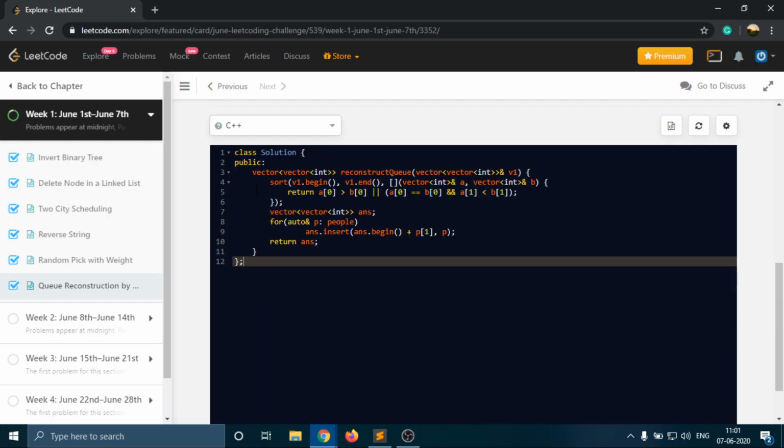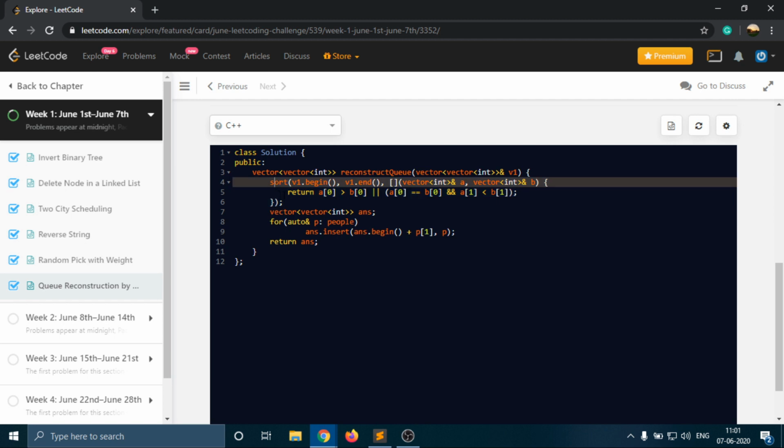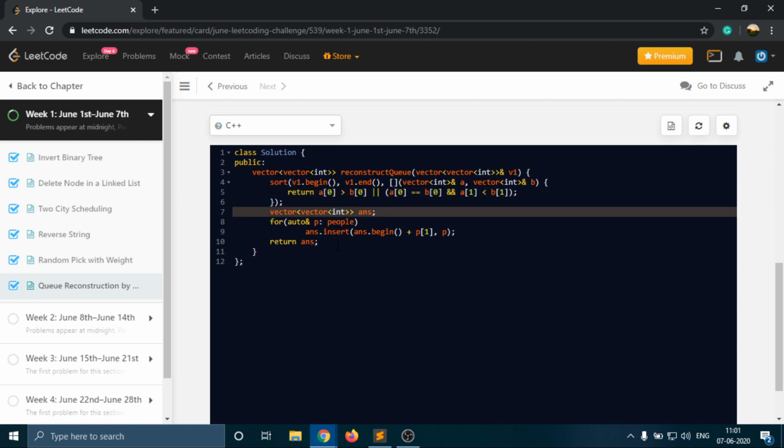So what is the solution? In this starting part, I have sorted the array. Here I have sorted it in descending order by the 0th index, and if both are equal, then I sort the next part in increasing order. Now I have initialized the answer.